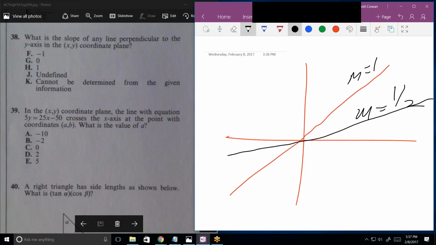And what's the slope of this line, approximately? 2. So that tells you that the flatter the line gets, the closer it gets to 0, which means the slope of a horizontal line has to be 0.